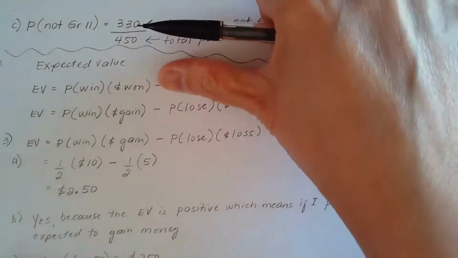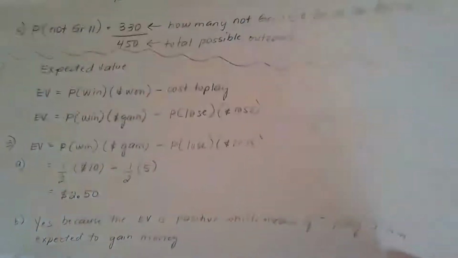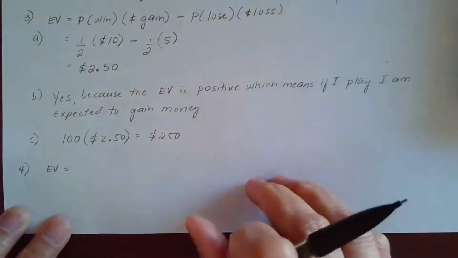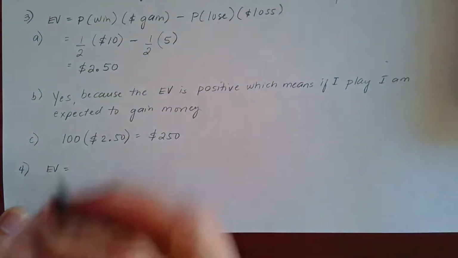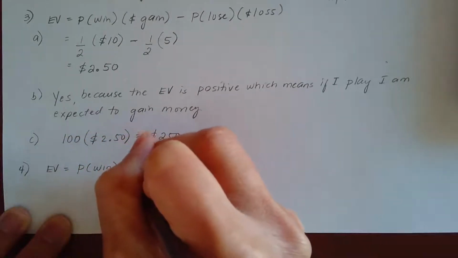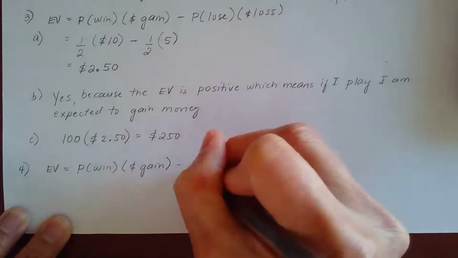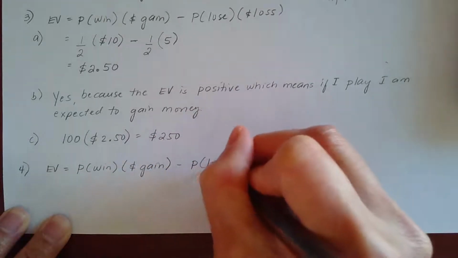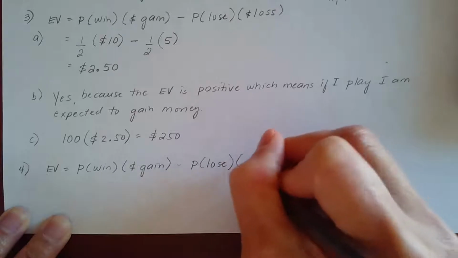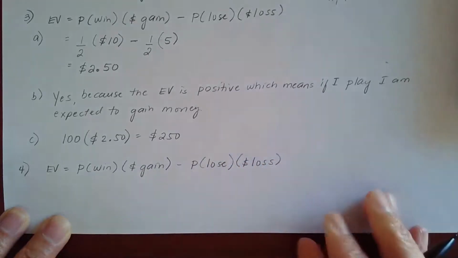We don't have this information, but we do have all of this information. So let's see. Probability of win times how much I'm going to get out of it if I win, minus probability of lose times the amount that I'm going to lose.